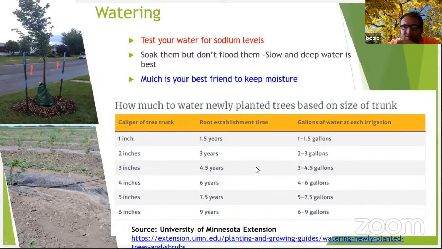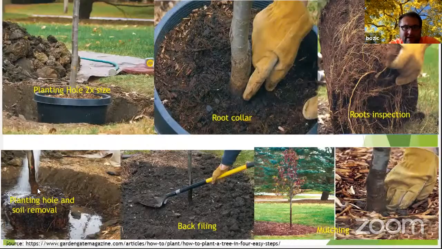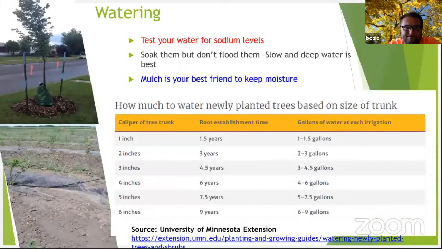Again, those are just rules of thumb. The best way is to go back to this hole and test: you put in 5 gallons of water and see how quickly it stays or goes. If it goes quickly, you put in another 5 gallons and test again. That's probably the best way, when you plant the trees, to test how much water your soil can hold.